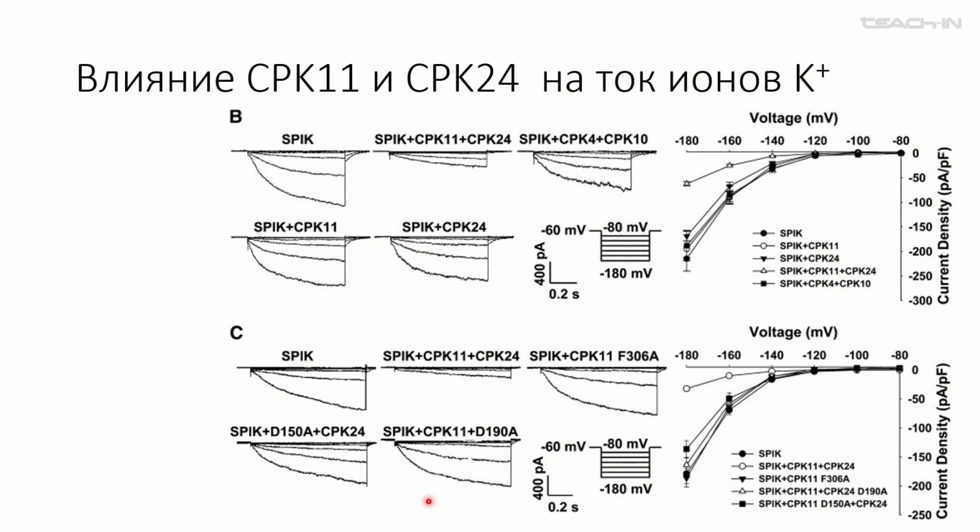Так. Это в самом канале получается? Да. То есть вот с этими надо разобраться. Значит, у нас пока две вещи. Вот F306A, да, вот эти вот разобраться, почему именно эти мутации влияют на активность.